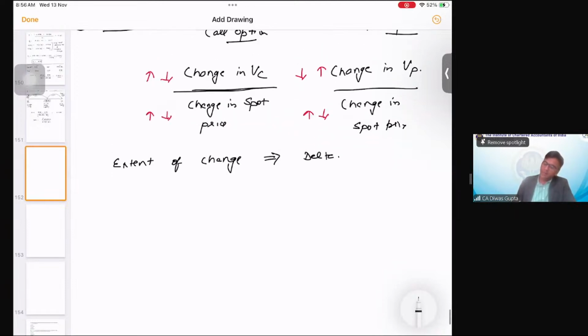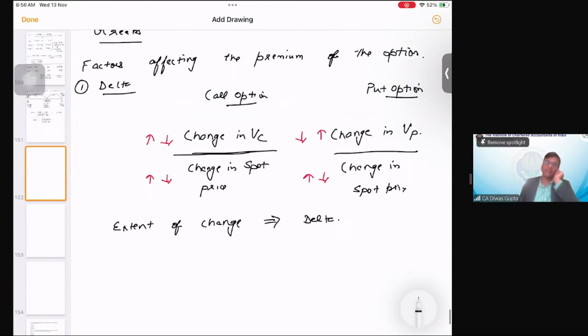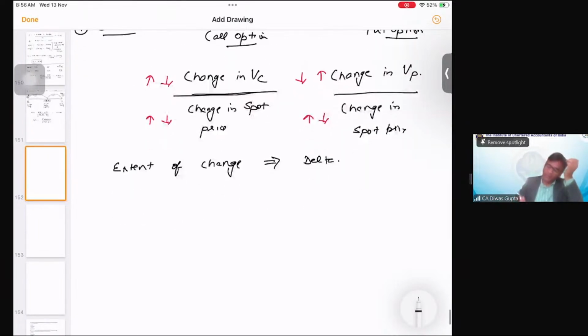Now, students, you will also remember one more place we have talked about delta. So this is something that we are talking about in Greeks. But can any one of you recall, just in the previous session, we also talked about delta. The hedging ratio.